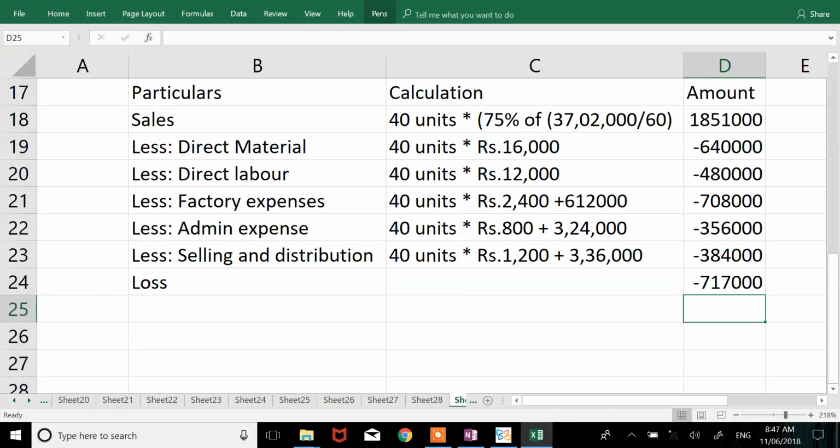Loss is 7,17,000. Any doubts on 7,17,000? Come down, right? Any doubts on 717?